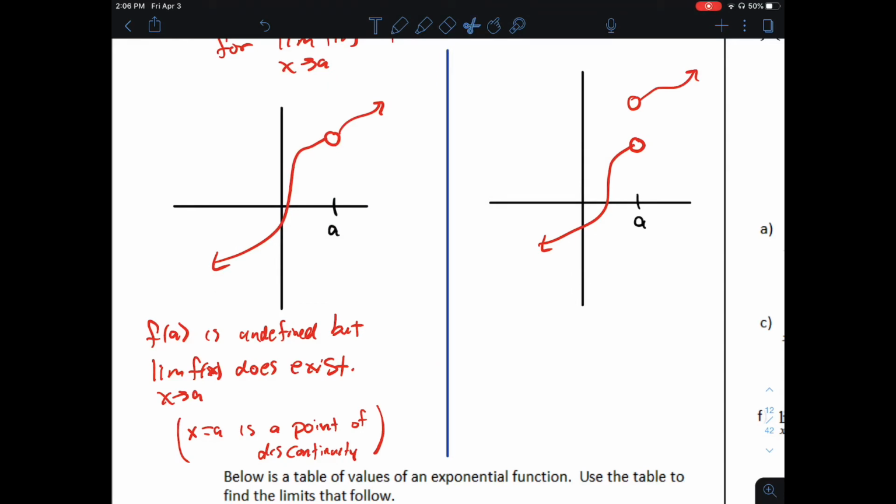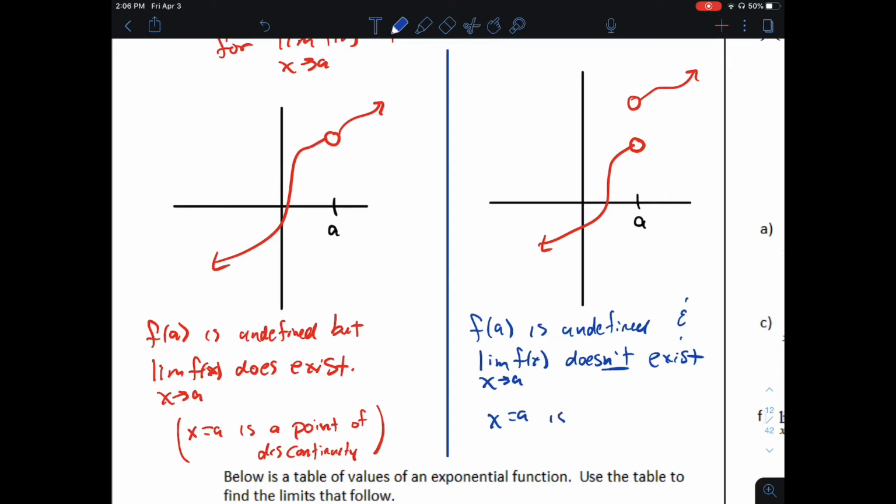In the second graph, we could say f of a is undefined, and the limit of f of x as x approaches a doesn't exist.